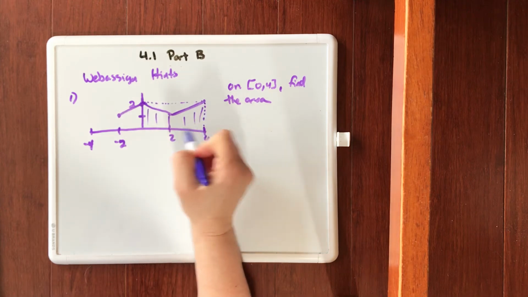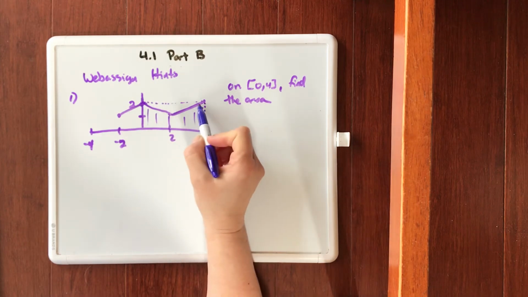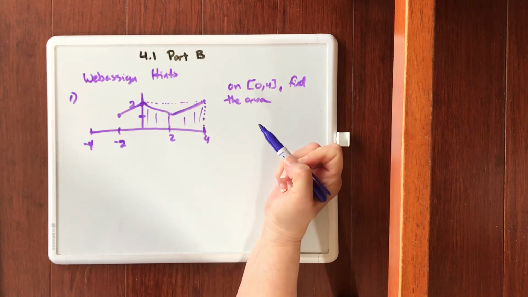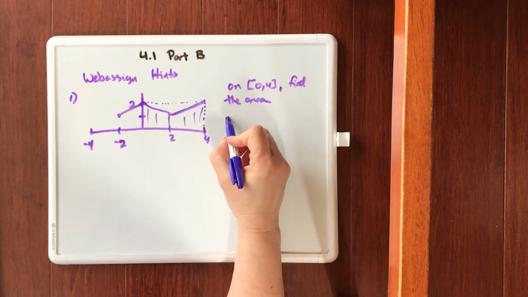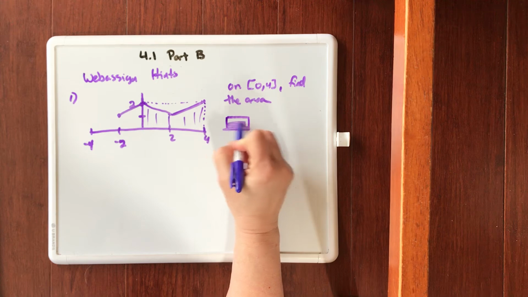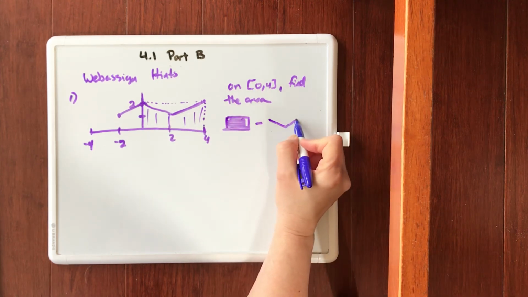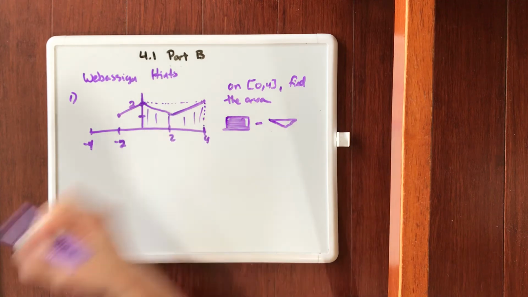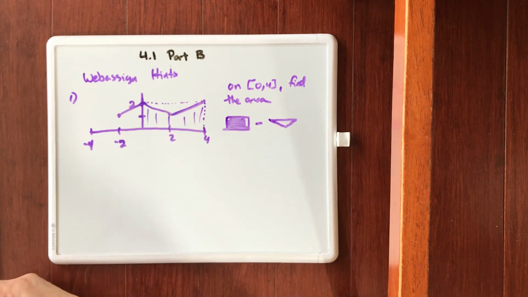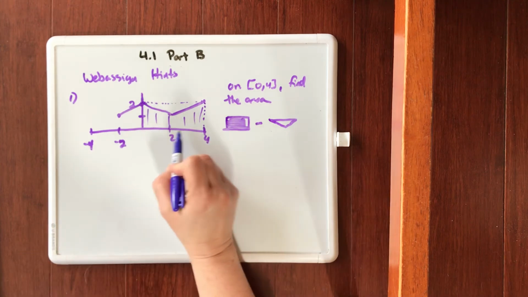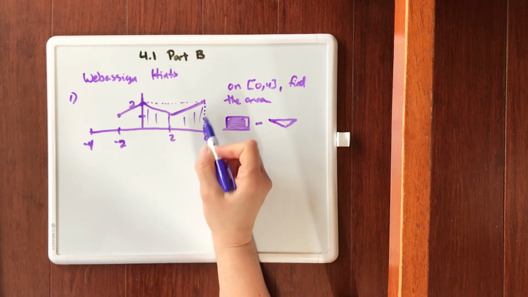Why don't we take the area of this rectangle and subtract the area of the triangle? So I'm going to draw that. We're going to take the area of a rectangle and subtract the area of this little triangle. The area of the rectangle, we have 4 spaces, 4 times 2.